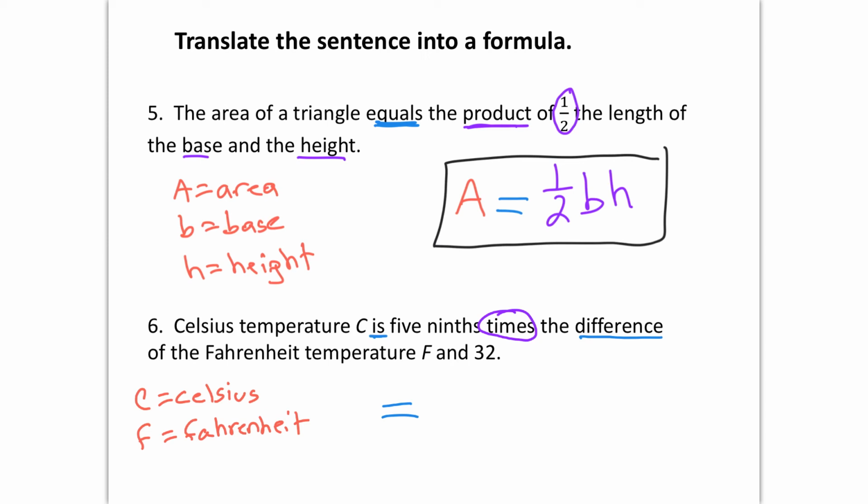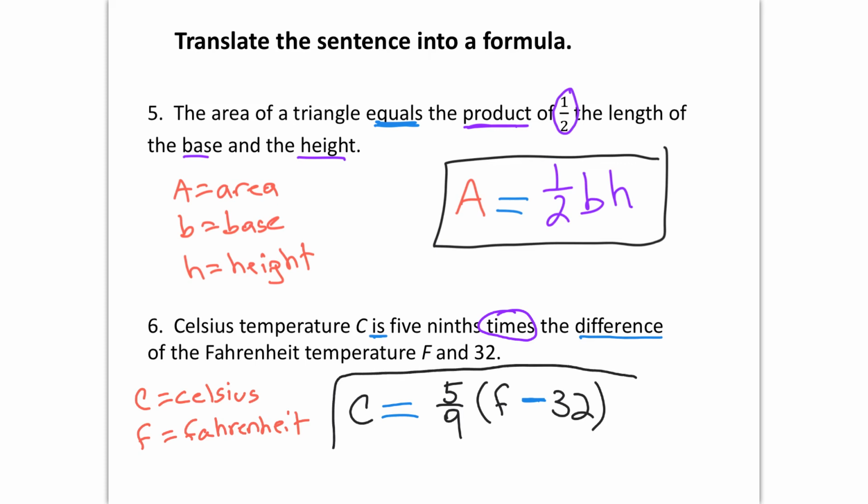So I'm going to start with the variable C. Celsius temperature C is 5 ninths, so that's going to be 5 over 9 times the difference. That means I'm going to need parentheses because I'm going to have a quantity. I'm going to have to subtract, so the difference: minus Fahrenheit temperature F and 32. So that's my equation right here.